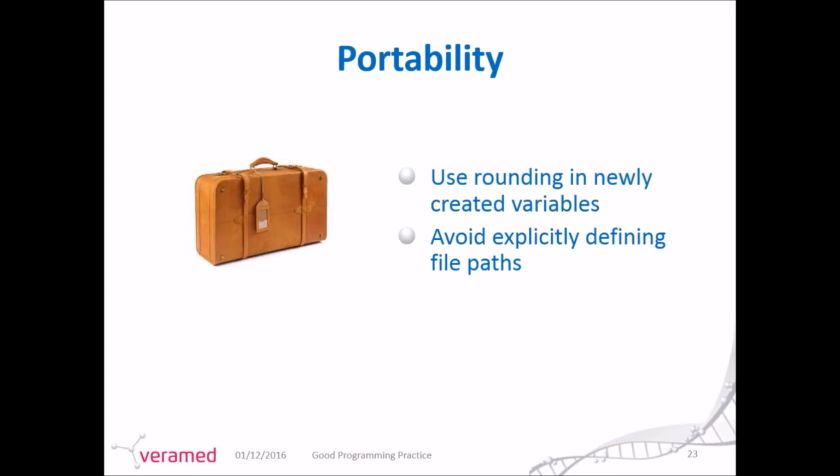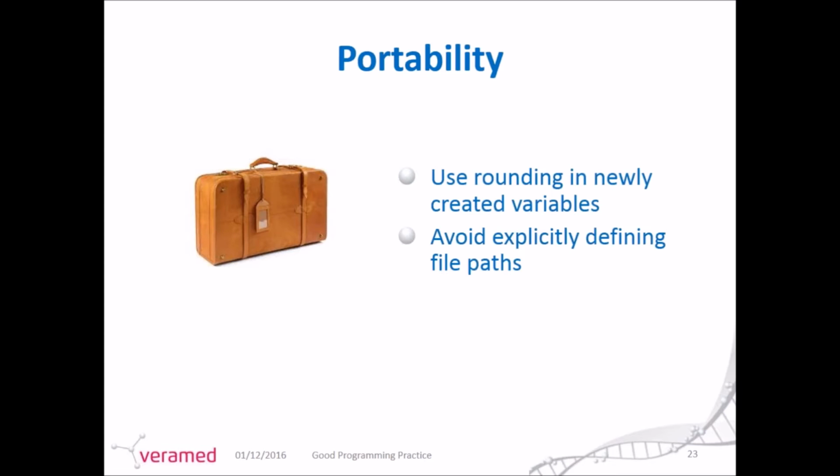And here on this slide, we have just a couple of suggestions that address some of the common impediments to portability that we considered in our good programming practice. So the first is the rounding of newly created variables, for example, moving from a 64-bit operating system to a 32-bit system.